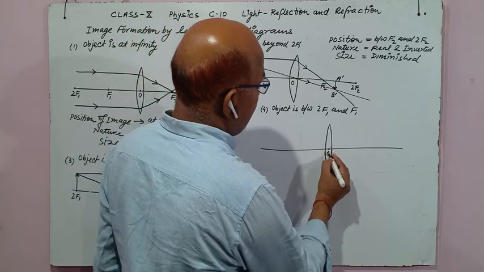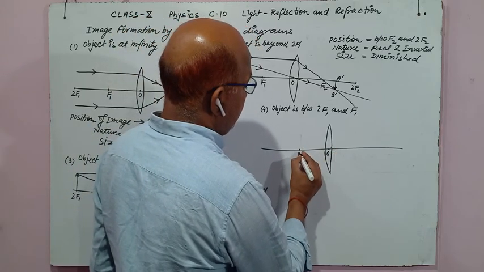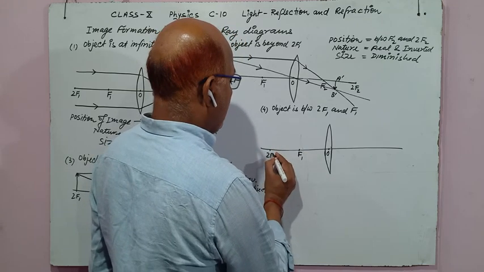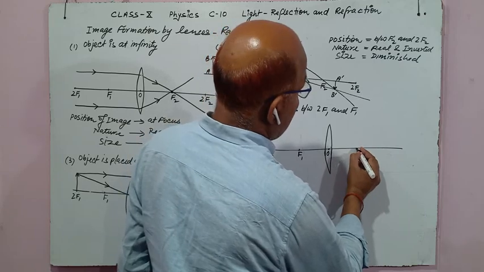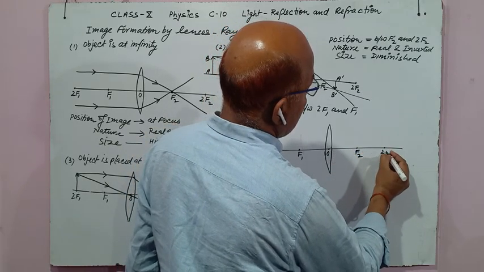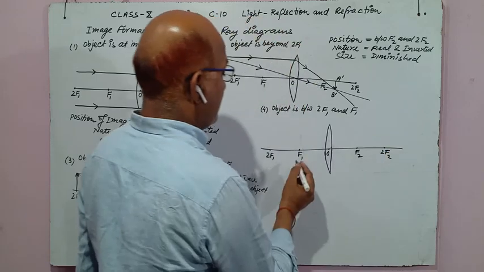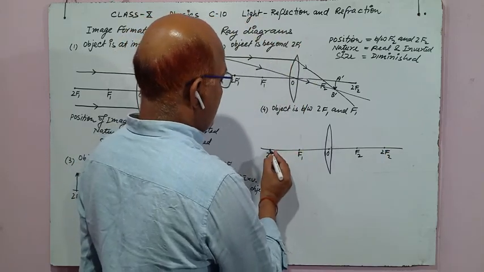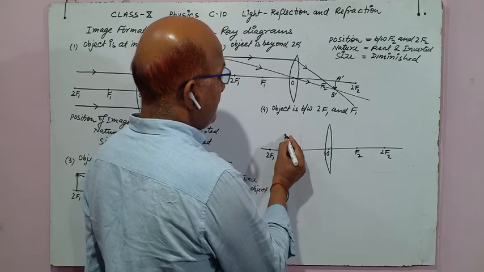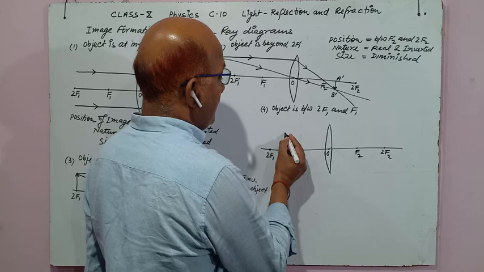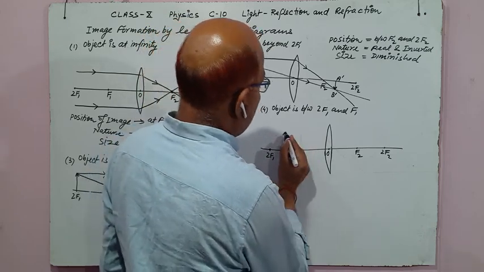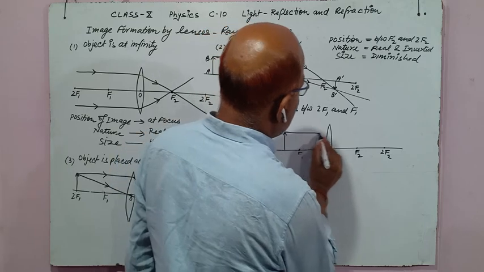This is the optical center, this is f1, this is 2f1, this is f2, this is 2f2. So the object is between 2f1 and f1. We can place the object anywhere between f1 and 2f1. So this is the object. Draw one ray parallel to the principal axis.